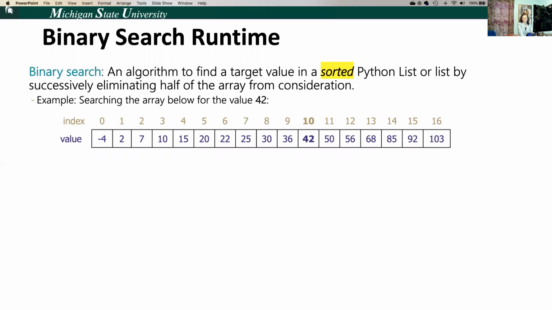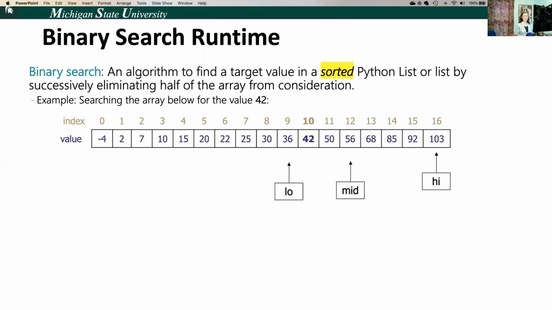That's what we are looking for. The target value is 42. We will cut the array by half and then check with the middle element. 42 is greater than 30, so that portion of the array, the index 0 through 8, is gone. I'm never going to get back there. Why? 42 is greater than 30. I'm only going to work through 9 through 16 and then find that mid element again.